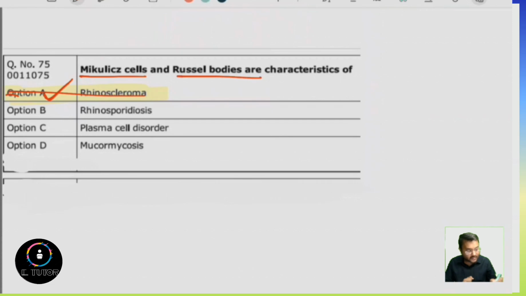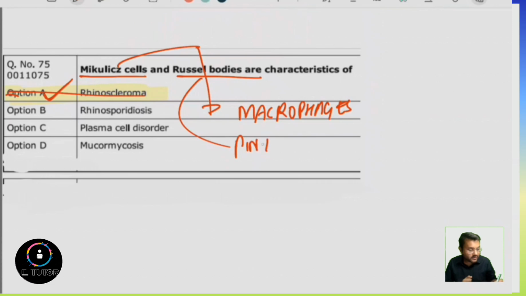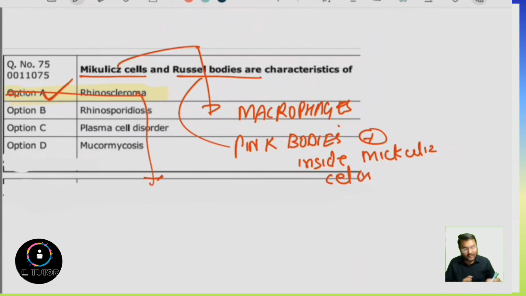What are Mikulicz cells? Mikulicz cells are macrophages, and Russell bodies are pink bodies present inside Mikulicz cells. And rhinoscleroma is caused by Klebsiella rhinoscleromatis.